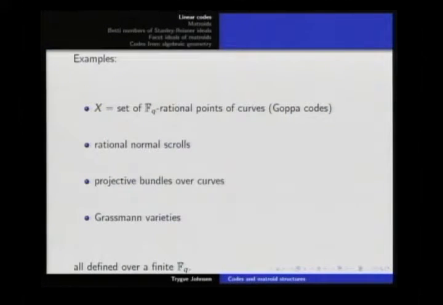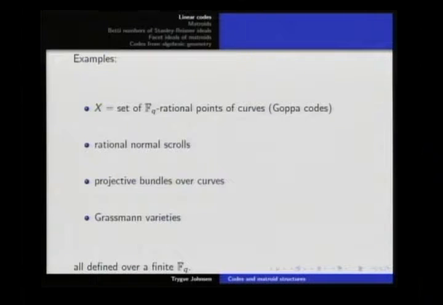Okay, and examples of codes that one has studied, varieties that one has used in these two ways. The set of F_q rational points of a curve embedded in projective space by some linear system. That's one way to get Goppa codes, which is famous and very well studied. Another case, which I've been into, is that of rational normal scrolls.